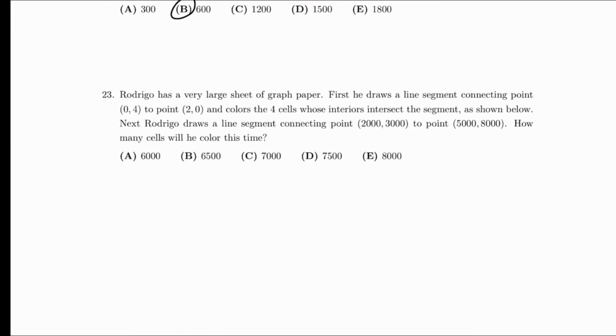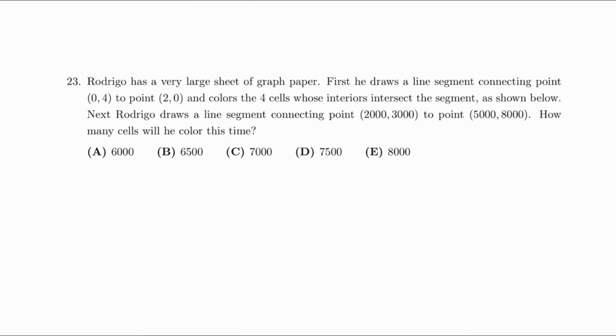All right, number 23. Number 23 says, Rodrigo has a very large sheet of graph paper. First, he draws a line segment connecting the point 0, 4 to point 2, 0, and colors the 4 cells whose interiors intersect the segment.